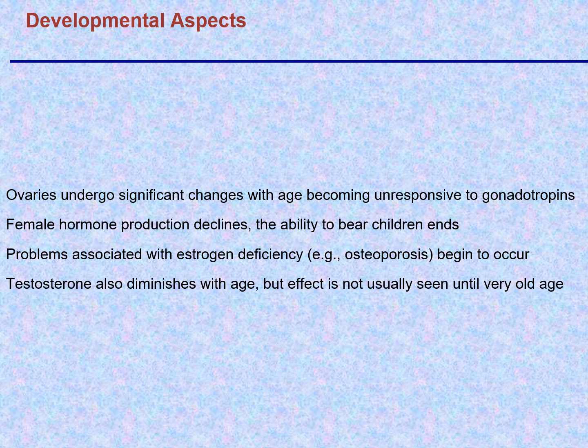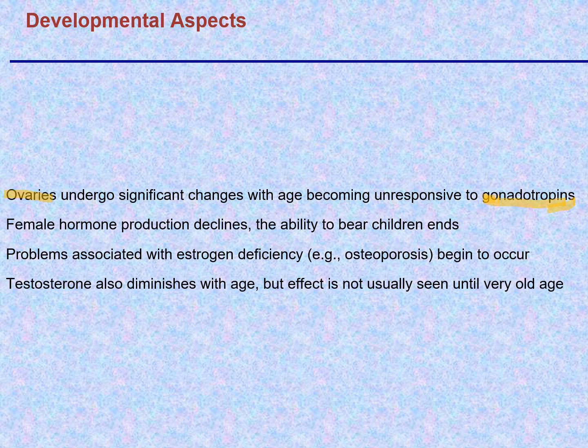Okay, in terms of development with aging. In the female, you get significant changes with aging on the ovaries, and they eventually become unresponsive to gonadotropins released from the pituitary gland.